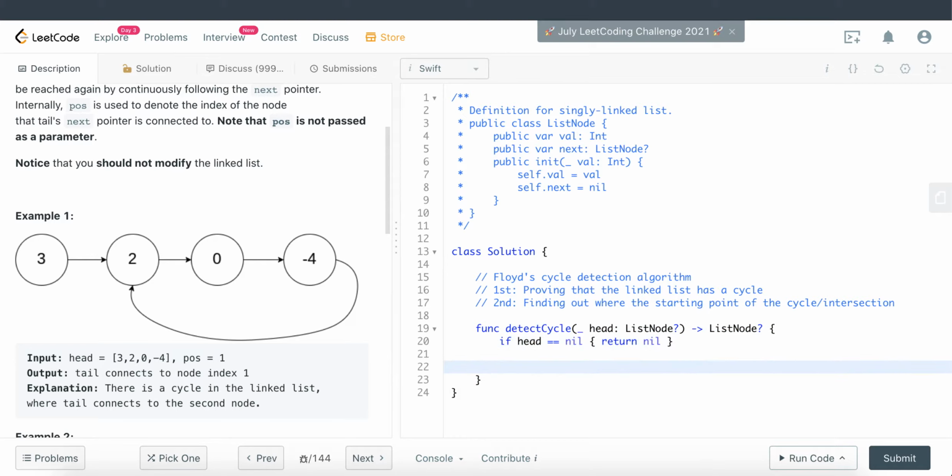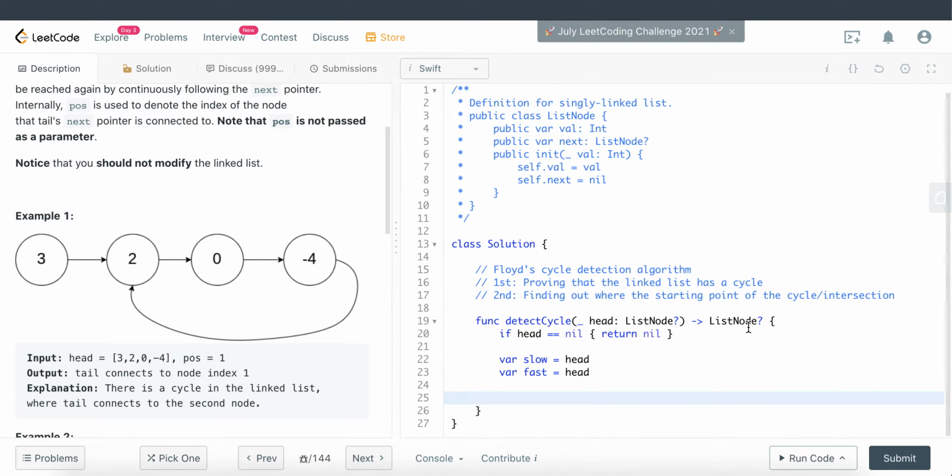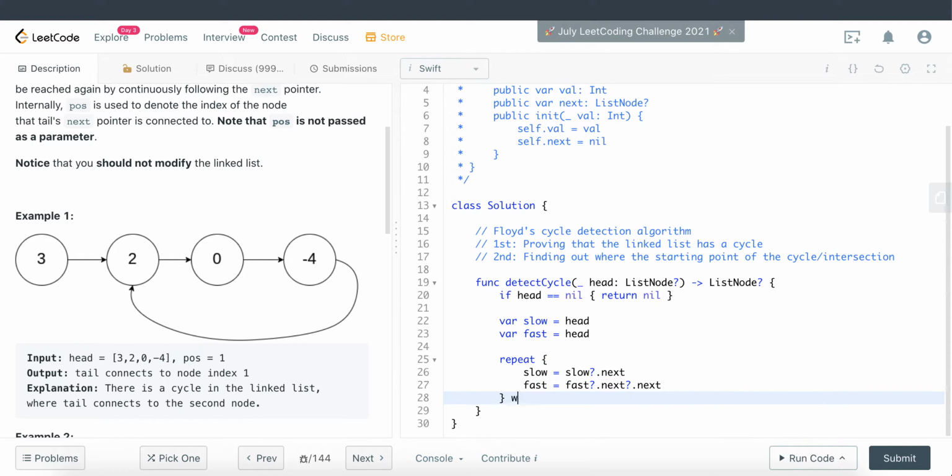As I mentioned, Floyd's cycle detection algorithm consists of a slow and fast pointer, so I'm going to set that up. Slow equals head and fast equals head, right? Here we're going to do a repeat where slow equals slow.next and fast equals fast.next.next, and the condition is while slow is not equal to fast, right?